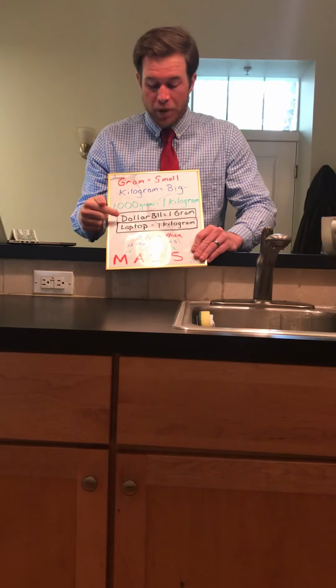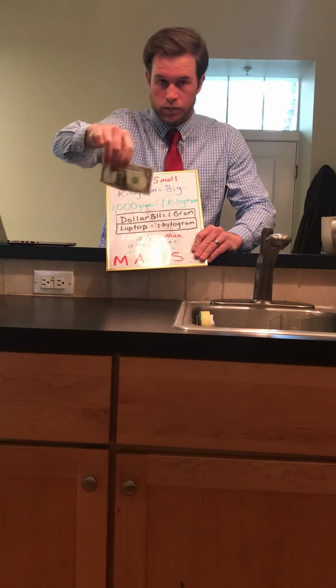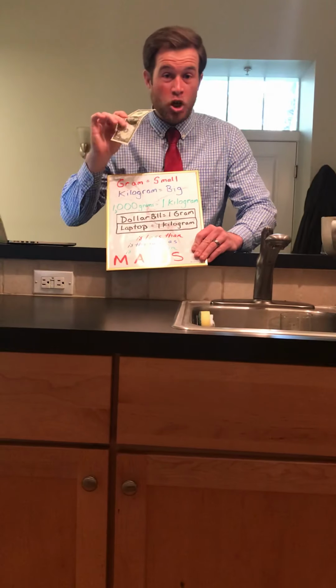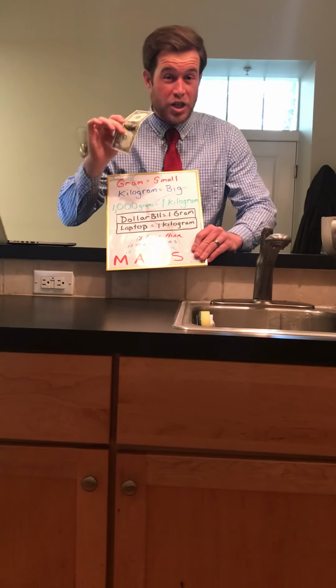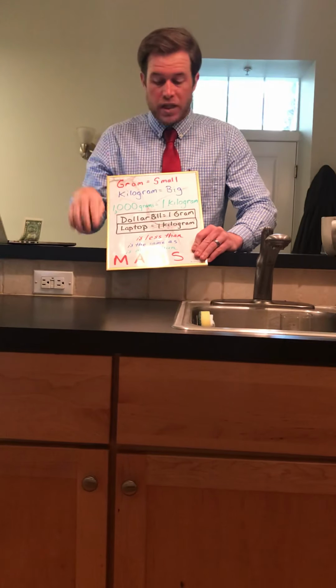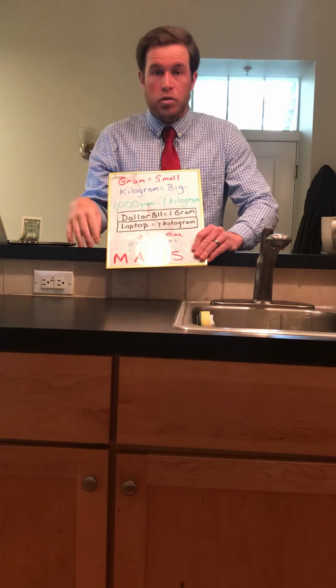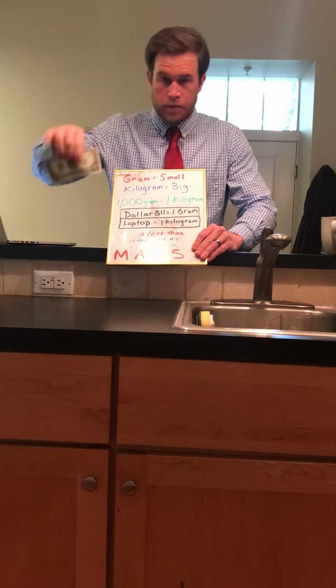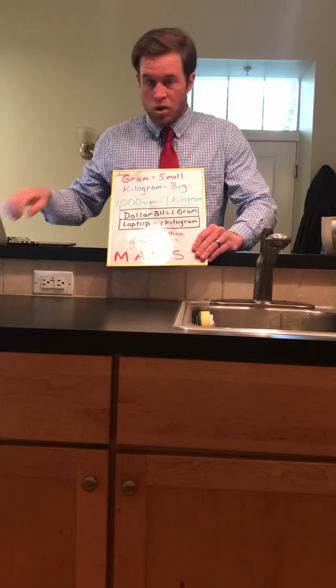Now, a dollar bill, right here, a $1 bill. The president on it is George Washington. Which president of the United States was he? First, second, third, last? I don't know. You tell me. Bonus question. So the dollar bill, again, is 1 gram.